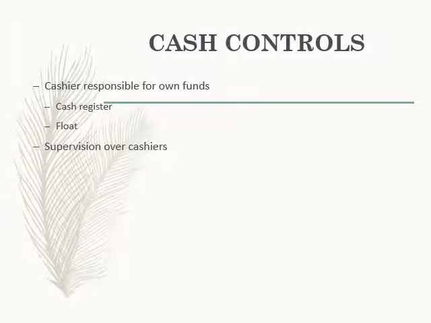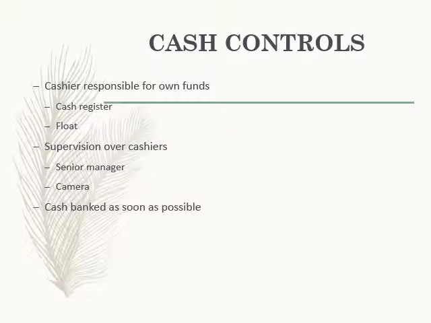Okay, the cashiers need to be supervised. There's usually a cash supervisor on the floor, on the premises, that supervises the cashiers' handling of cash. But you could also have CCTV cameras, or once again security guards in place as well.